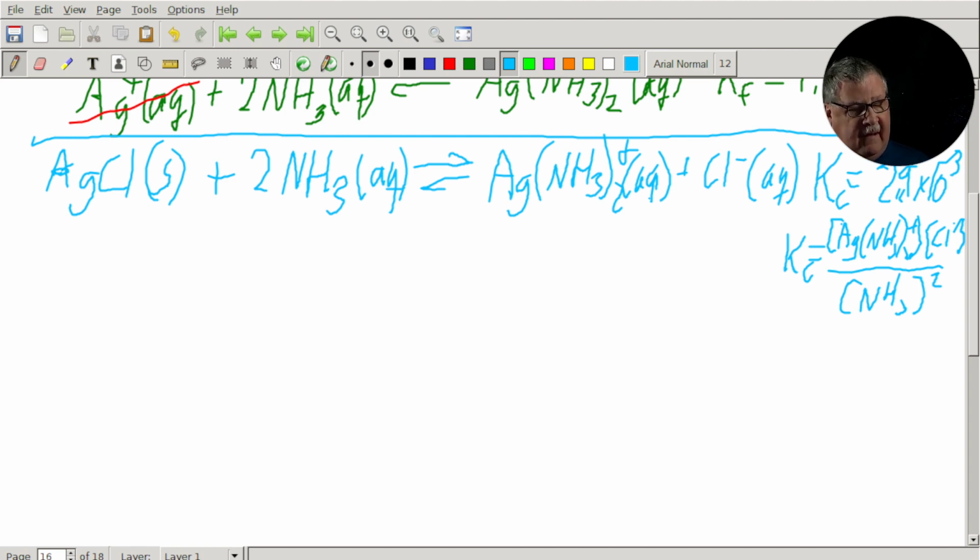That's what we can see from this. We're just writing it out in another way. So we have a numerical value and we have a mass action expression for it. What are we going to do? Let's set up our ice table.